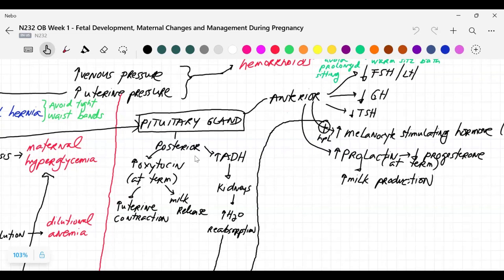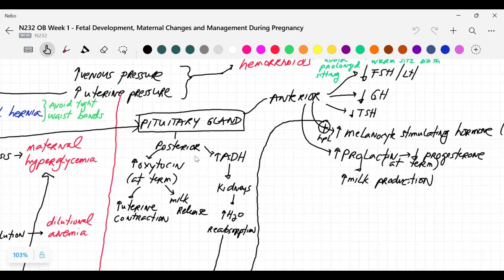ADH, what does that stand for? Anti-diuretic hormone. What is the other name? Very good, vasopressin. So what does that do? It reabsorbs water in the kidneys. Only water, no electrolytes. We already have aldosterone absorbing water and sodium, increasing the volume. This further increases the volume.